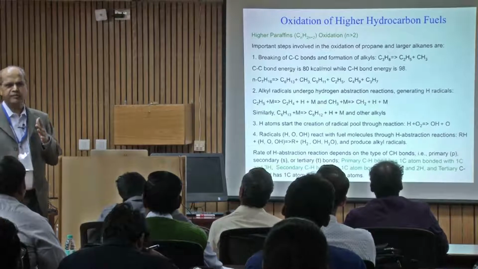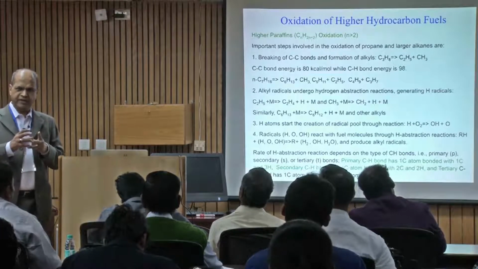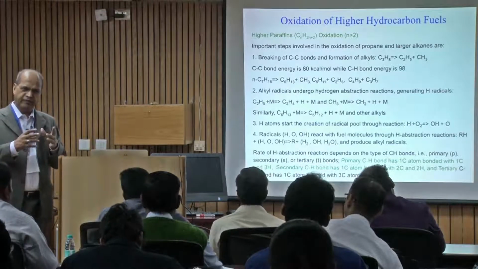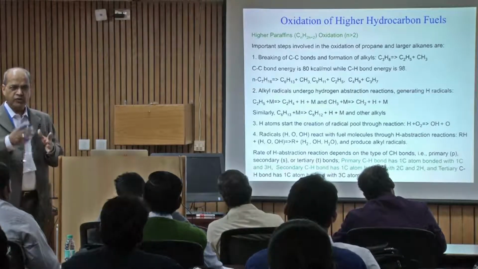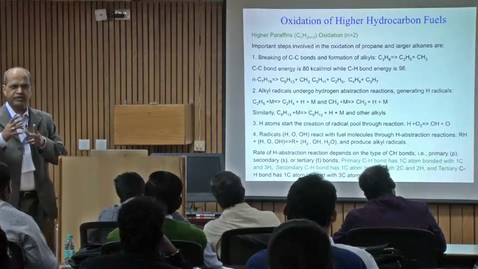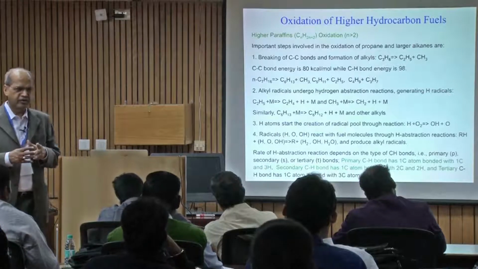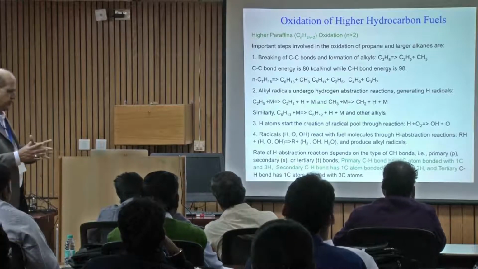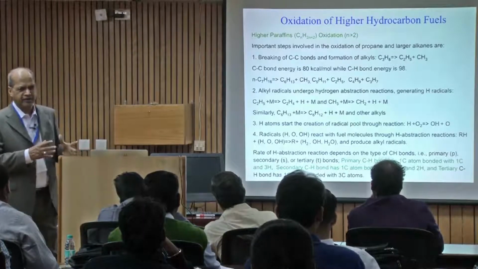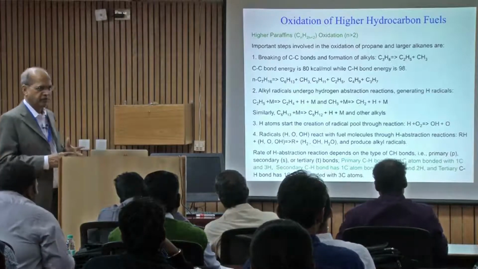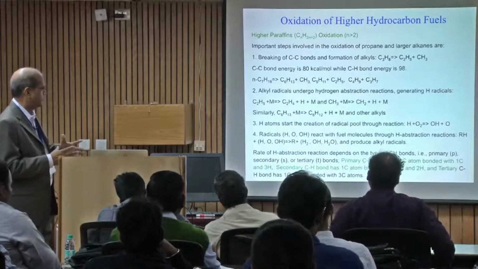Then the rest of the steps will be very similar. As you go to larger hydrocarbons, there are a few extra steps. Here we'll just discuss propane, and I'll give some reference to heptane.